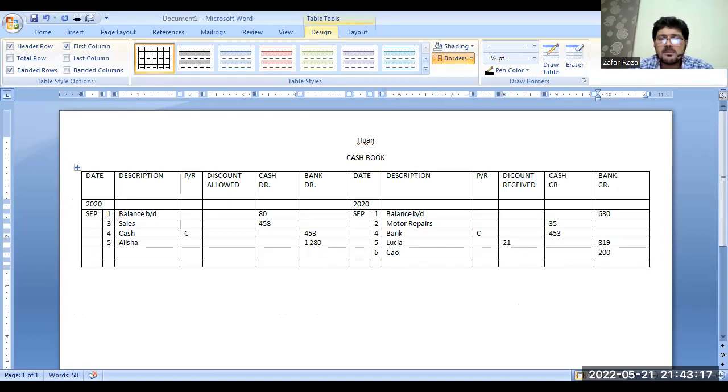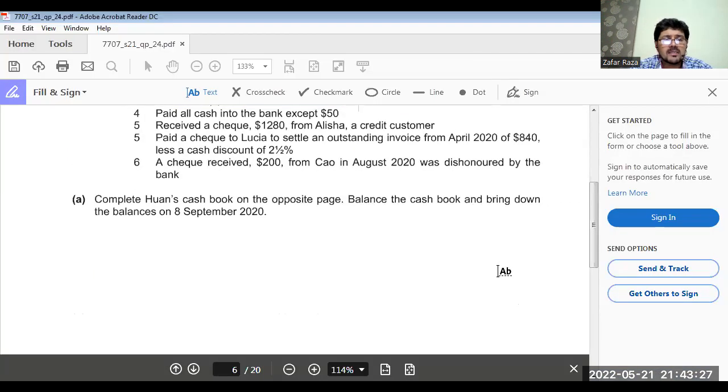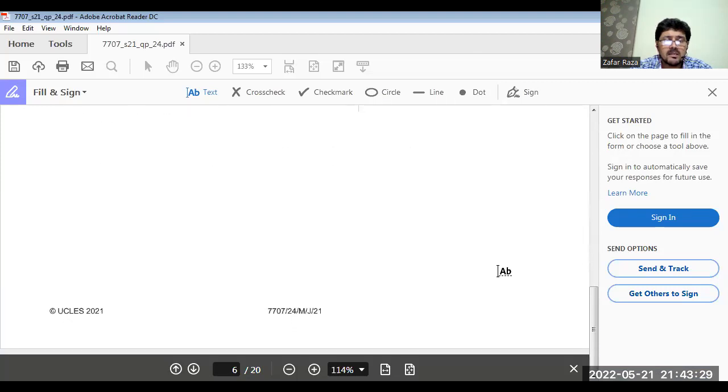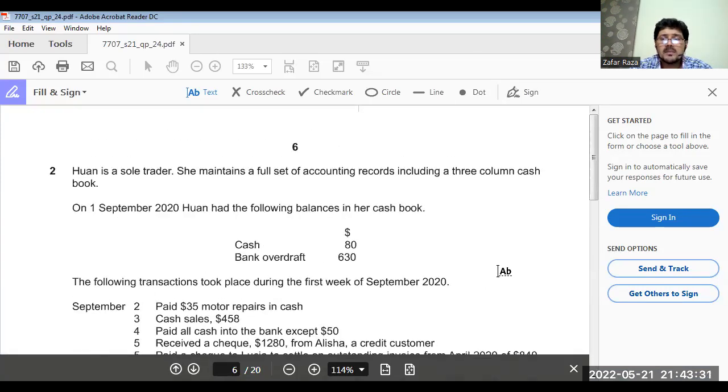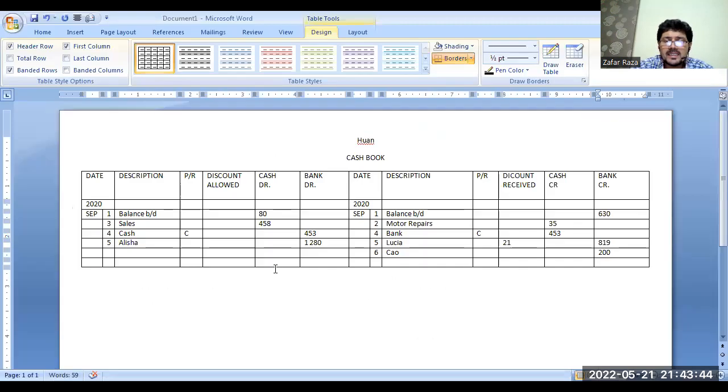Now the transactions have been posted to the cash book, but what else do they want us to do? Balance the cash book and bring down the balance on 7 September 2020. Okay, we have to make balance. So now I'm going again to the question to balance. Now how to balance?